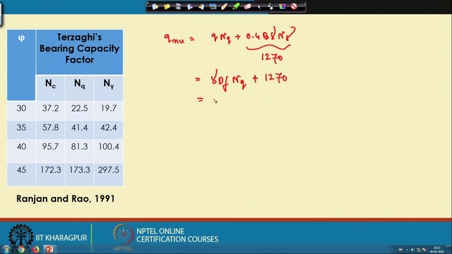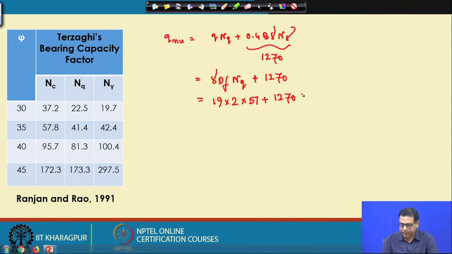Unit weight is 19, D f is 2, because the depth of foundation is 2 meters, N q I got is 51, plus 1270.